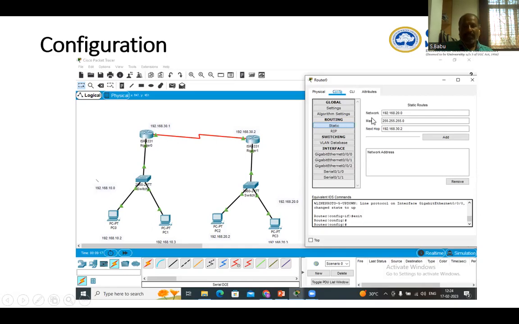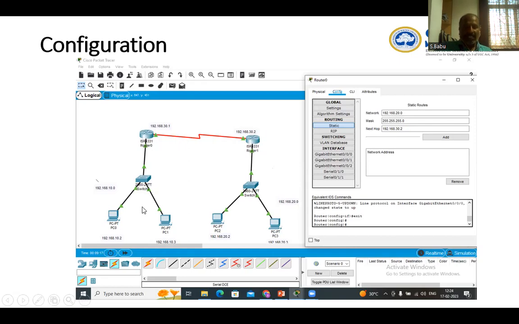In static routing, we provide the network address of the destination. The destination address is 192.168.20.0. This is a class C network, so we use the default subnet mask, 255.255.255.0, and the next hop address, via 192.168.30.2.